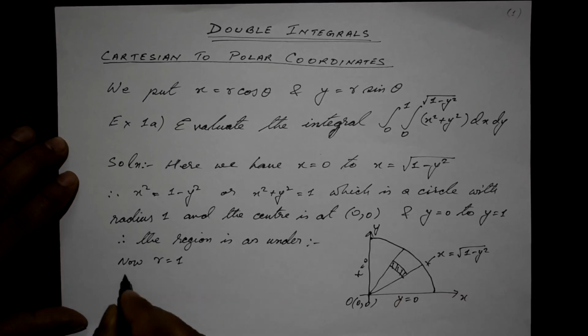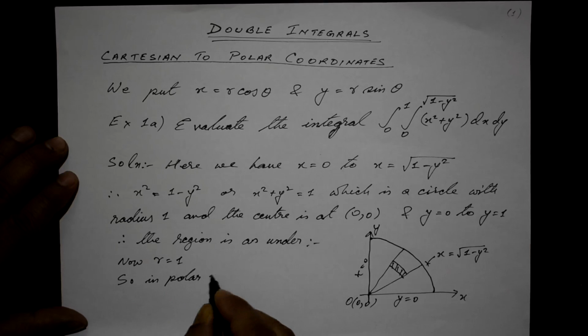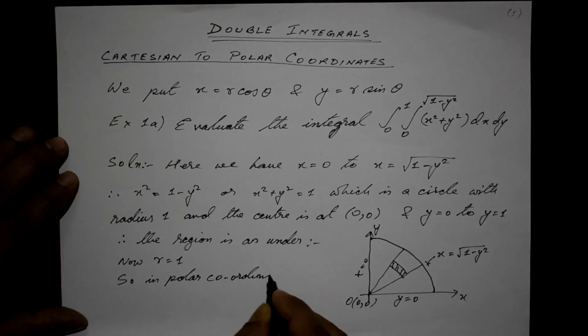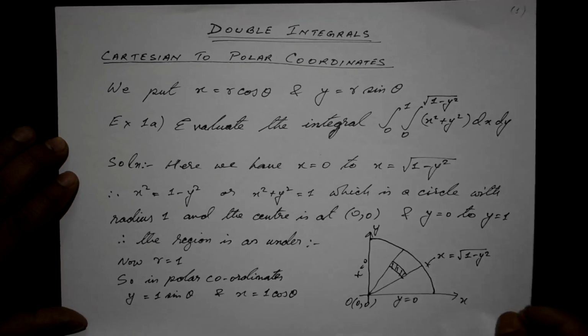Now r is equal to 1, so in polar coordinates, y is equal to 1 sin theta and x is equal to 1 cos theta, as r is equal to 1.